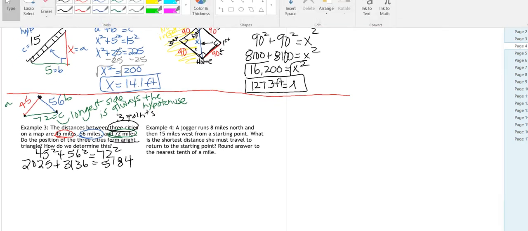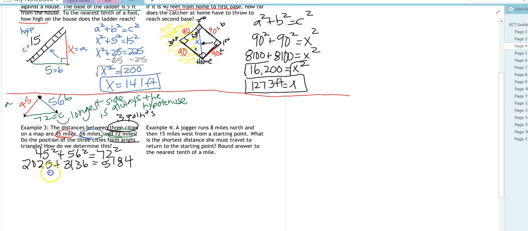We would get 5,161, which in fact is not equal to 5,184. So is it a right triangle? No, it's not, because this would not work. It does not equal. So therefore, we just say no, not a right triangle.